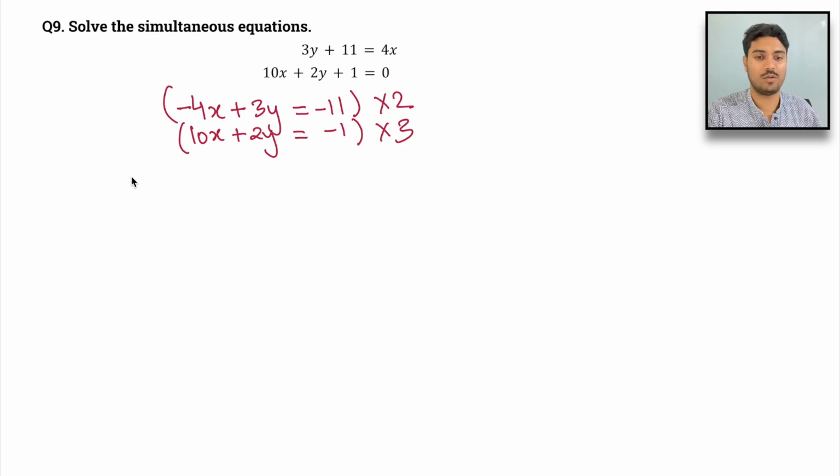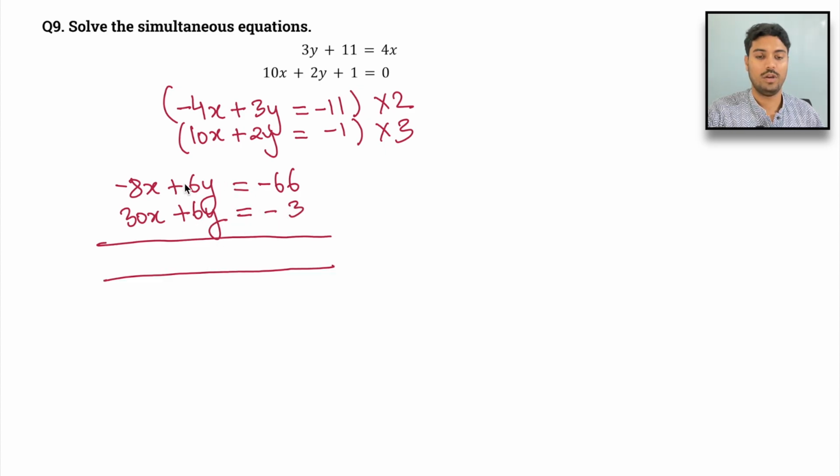So let's write the first equation again. Negative 4 into 2, that's negative 8x plus 3 2s are 6y equals negative 66. 10 3s are 30, so 30x plus 6y equals 3 1s are 3, but negative 3 in this case. Now we have to subtract: minus, minus and minus.